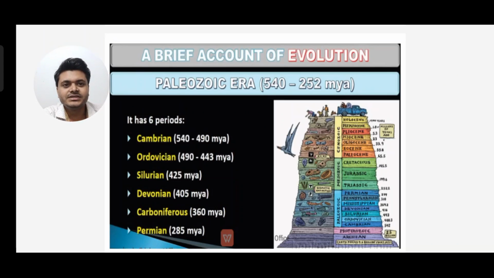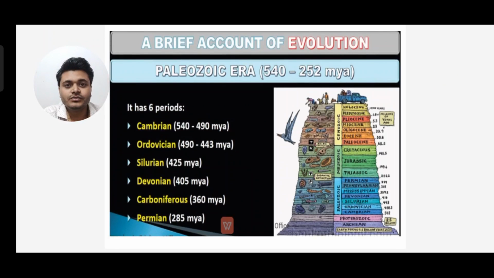So now we can see the Paleozoic era, that was from 540 to 252 million years ago. It has six periods. One is Cambrian, Ordovician, Silurian, Devonian, Carboniferous and Permian.